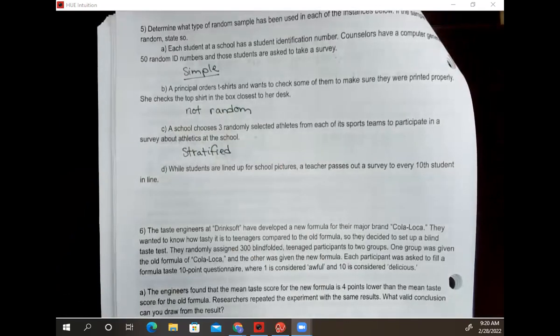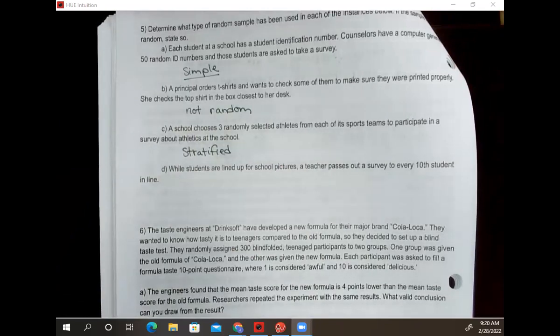And then finally, D. While students are lined up for school pictures, a teacher passes out a survey to every 10th student in line. Every 10th student gets a survey. This is systematic, right? The difference between systematic and simple is for simple random samples, we're typically using a random number generator, or we're drawing names out of a hat, something like that.